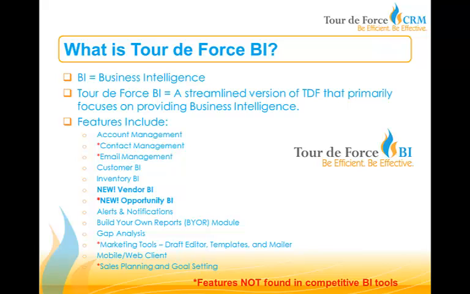It is a very full-featured way for an organization to plan at an account record level, by product group within an account, by product or vendor within a territory, roll the territory up to a branch, roll the branch up to your corporate. So the sales planning components of Tour de Force are very powerful. And again, all of these items that I've identified in red, you're not going to find in traditional BI tools.